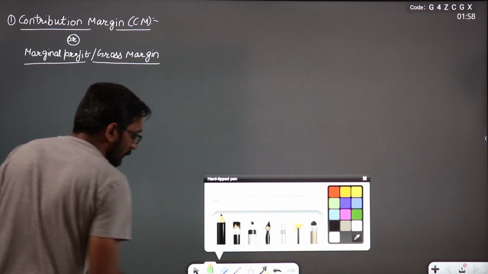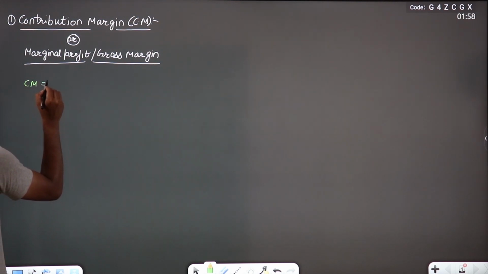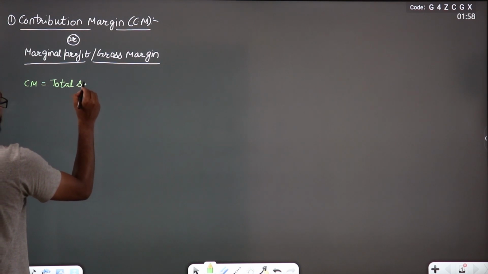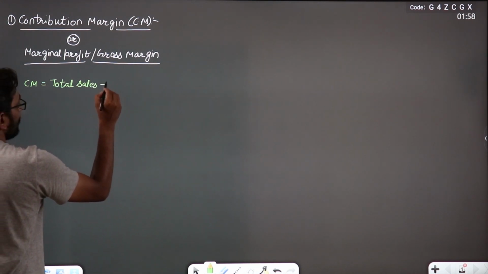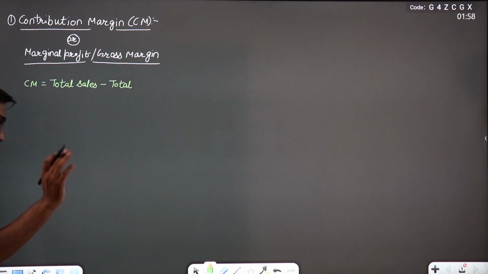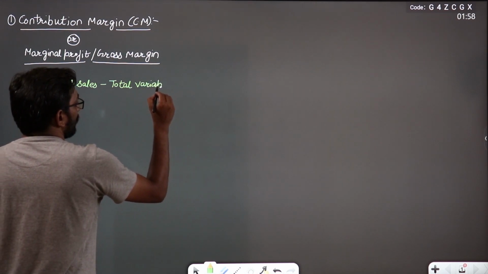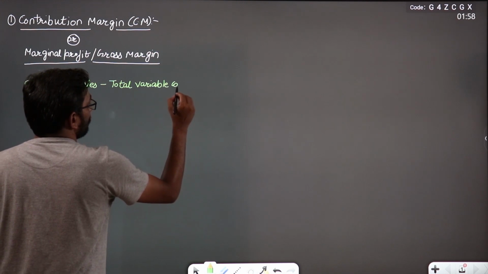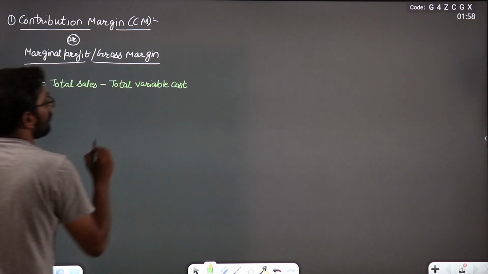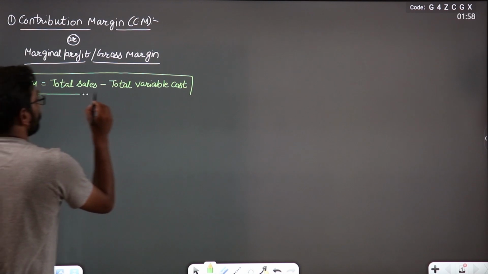Contribution margin will be equal to total sales minus total variable cost. Not total cost, minus total variable cost. So contribution margin equals total sales minus total variable cost.